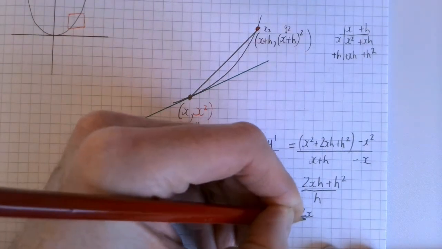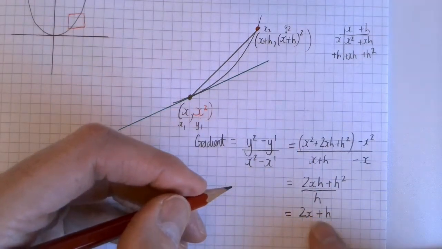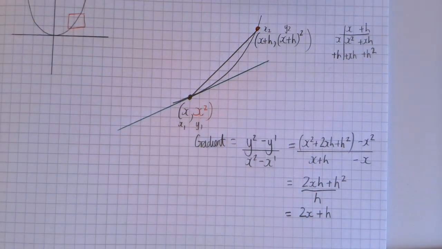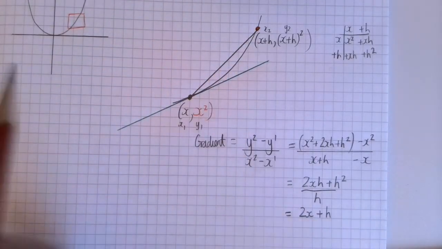So that becomes 2x, that becomes h, and my denominator becomes 1, so I'm not even going to bother writing it. Okay, so the gradient of this line is 2x plus h.